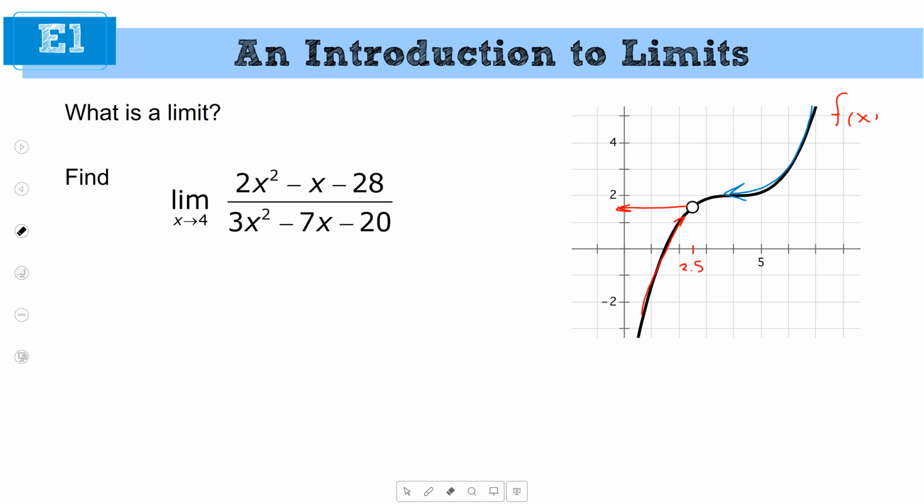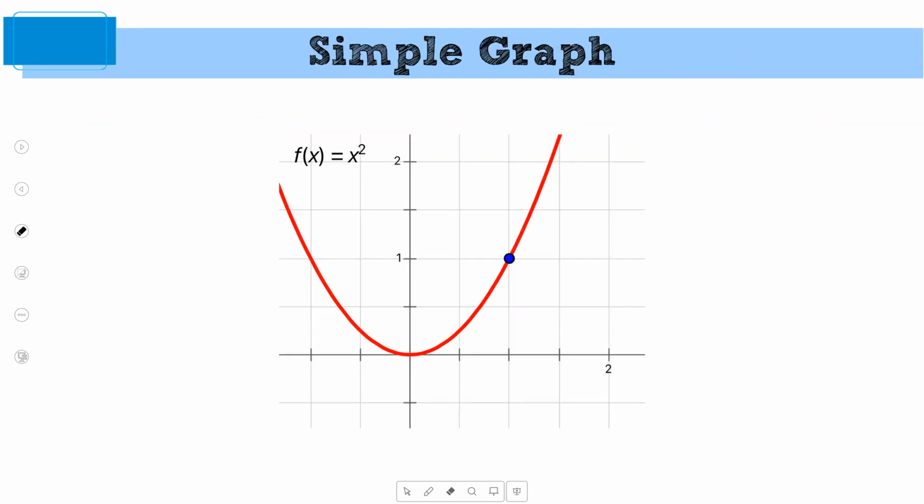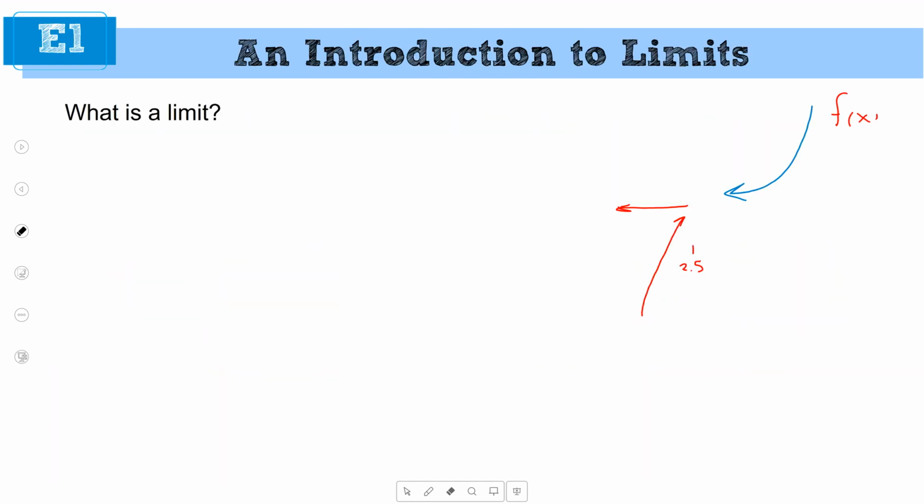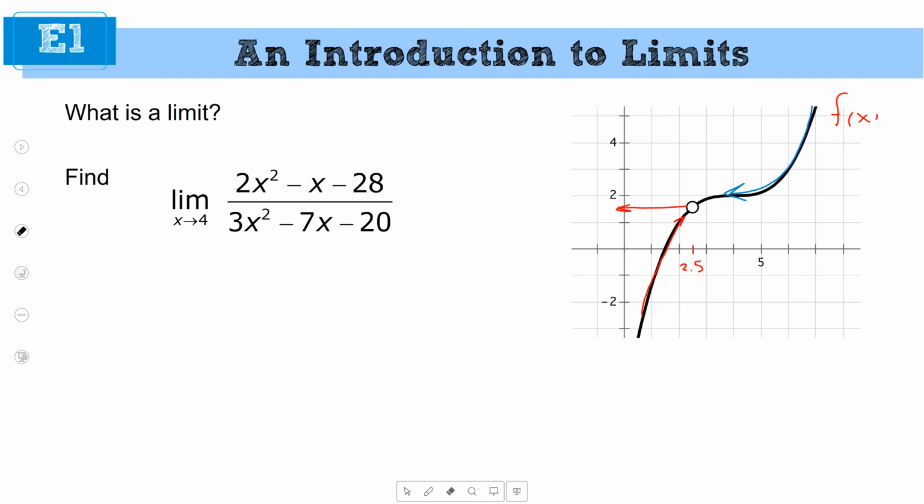By the way, you're going to need your calculators. Get those out, please. So I'm wondering, maybe this function is just like this squared function, and all I need to do is know the value at 4 for this guy to get the answer. And that's why we check plug and chug. So go ahead, plug and chug. Tell me what you get. Put 4 in for x and solve it.